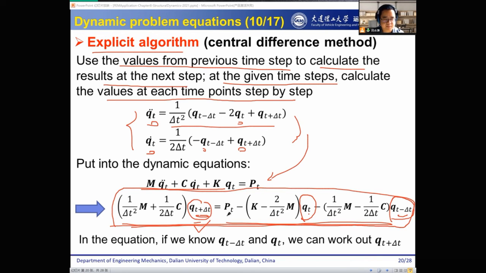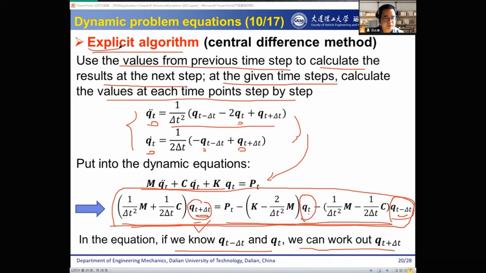If we know the displacement at the previous time step, then we can quickly work out the displacement at the next time step. So we use the value from the previous time step to calculate the results at the next time step.